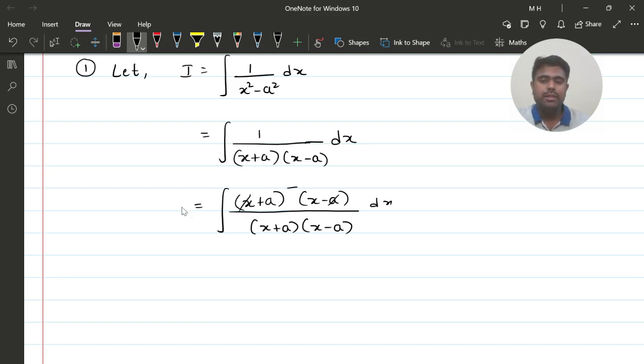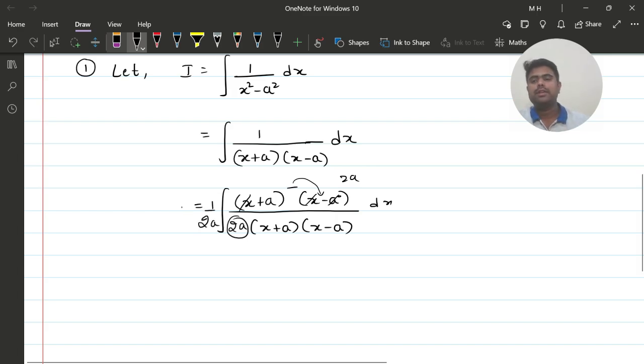X and x will get cancelled out because x minus x. A minus into minus will be plus a plus a. So a plus a will be 2a. So if I have to divide this by 2a, the denominator will not get complicated, because 2a is a constant, so I can also write it outside the integral, right?